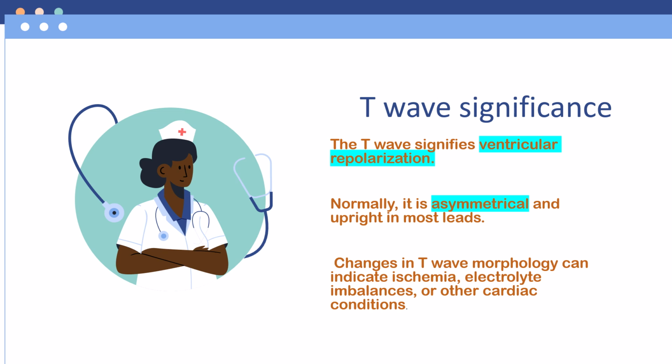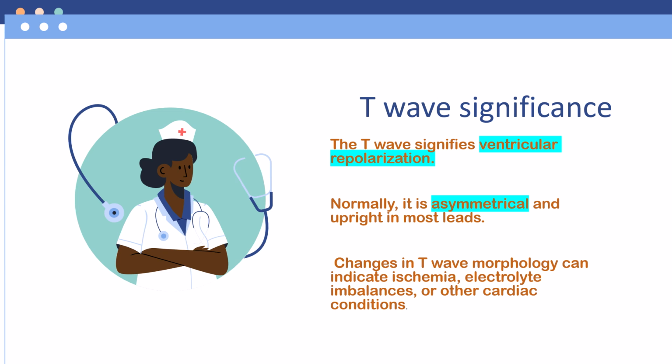The T wave is very important as it signifies ventricular repolarization. If there is any difference in its symmetry, meaning it should look a certain way but it is looking a bit tall, or very flat, or inverted, it means it has a problem.